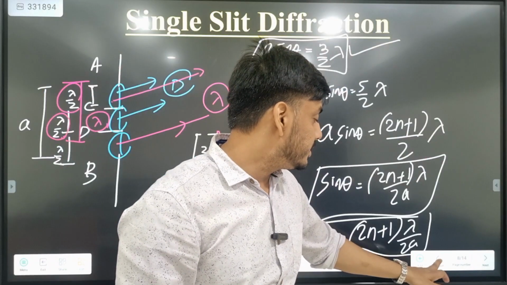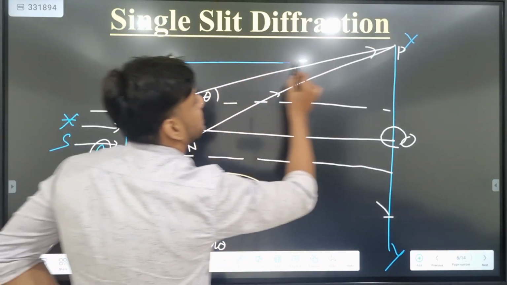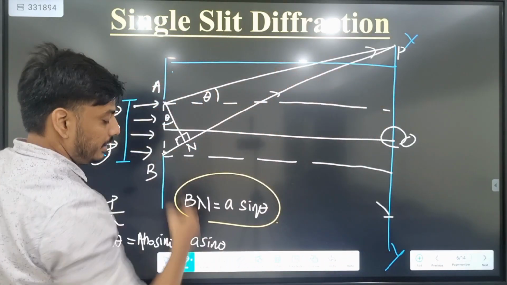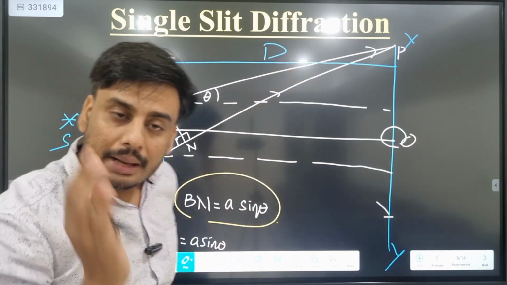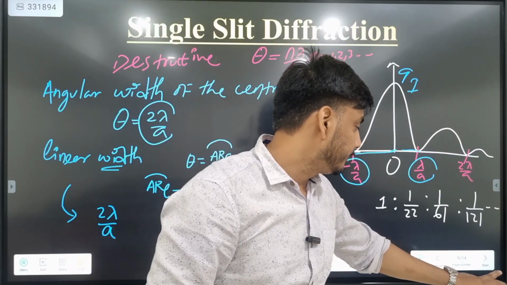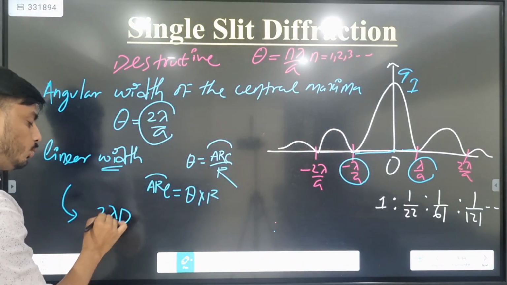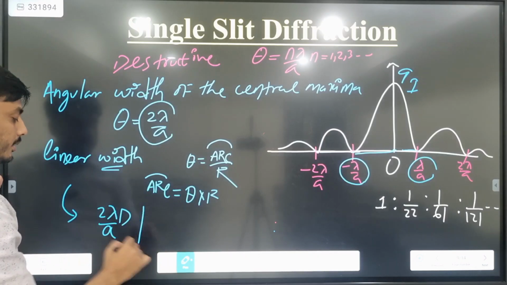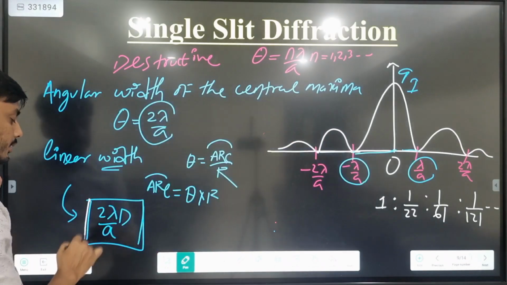The radius is nothing but the distance of the screen from the slit. If it is at a distance capital D, we consider capital D as the radius. So the linear width is 2 lambda capital D by small d. This is the central maxima linear width.